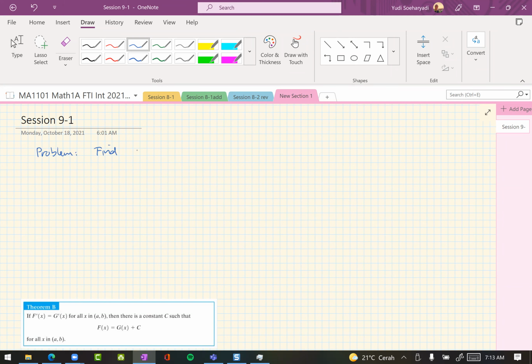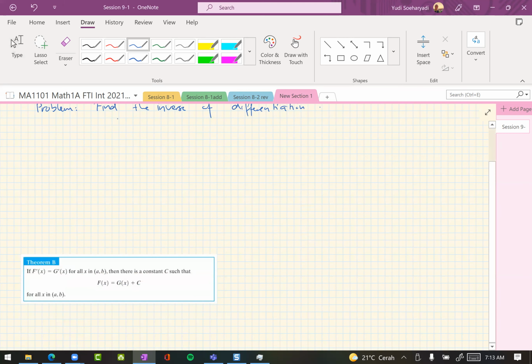So what's differentiations? Okay, if you have a given function and somehow you have a process called differentiations, and as an output you get what we call the derivative. This is the derivative.